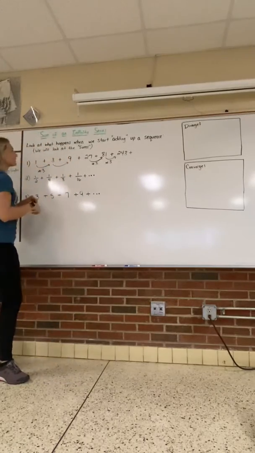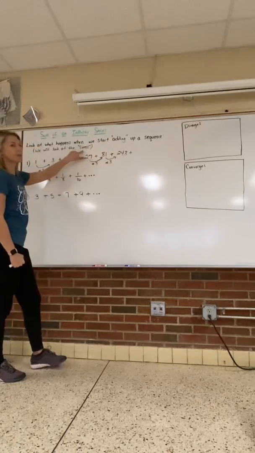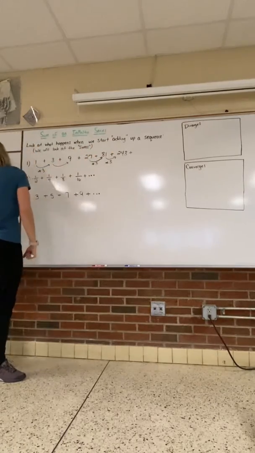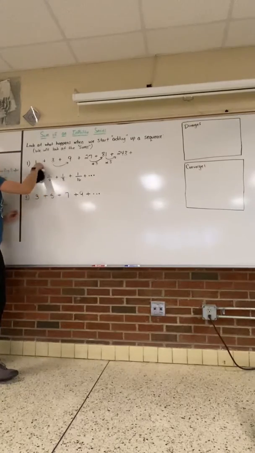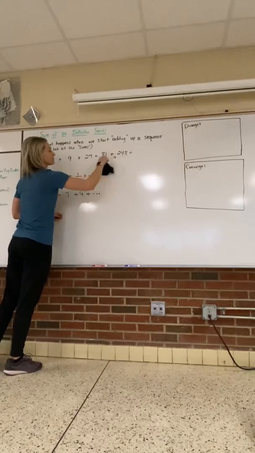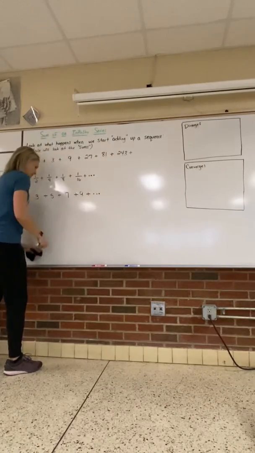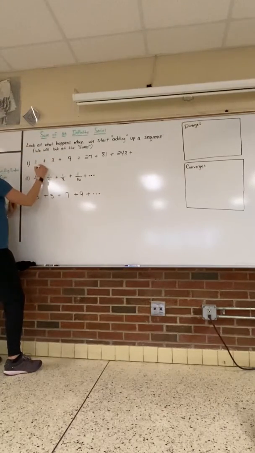But then we're looking at what happens when we start adding up the sequence. What happens to the sums? So now I'm going to actually start adding it up and see what's going on, and make an observation about the sums. So when I start adding up this sequence, 1, it's just 1.